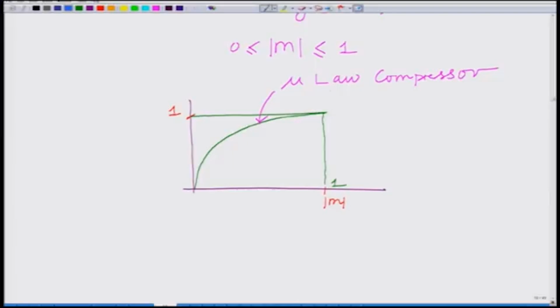Let me just write this clearly, this is a concave function, and you can see from this that, for instance, if you look at this region, which corresponds to the smaller amplitudes.